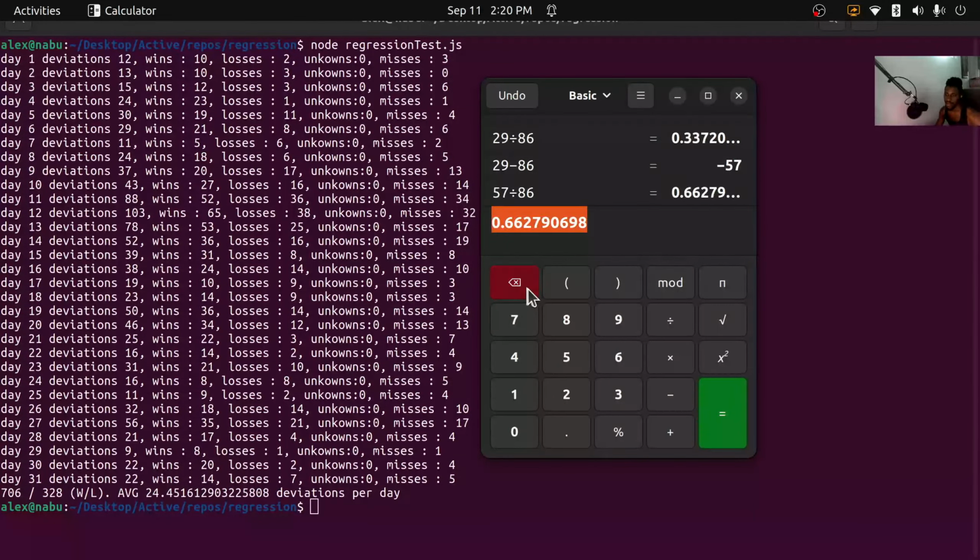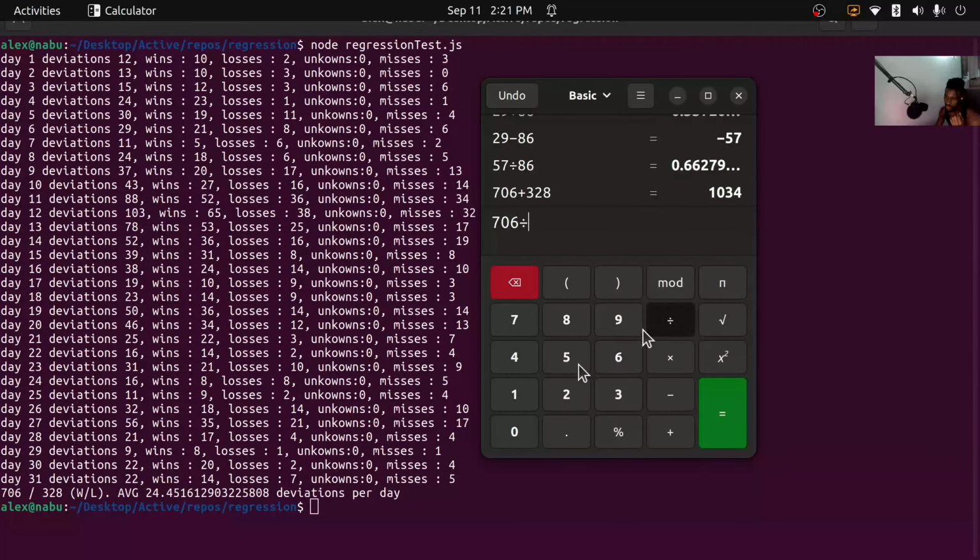Hope that copied. 706 plus 328 equals 1034, and then 706 over 1034.